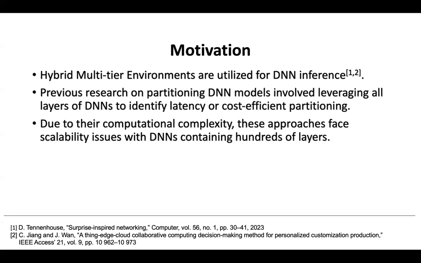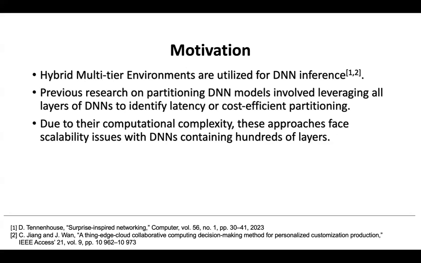So hybrid multi-tier environments are usually utilized for DNN inference tasks. And all the previous research on partitioning DNN models involved leveraging all layers of DNNs to identify latency or cost-efficient partitioning. But due to their computational complexity, these approaches face scalability issues with DNNs containing hundreds of layers.